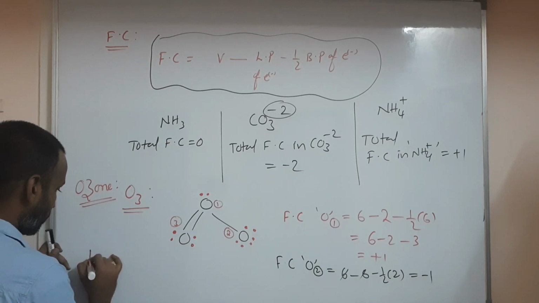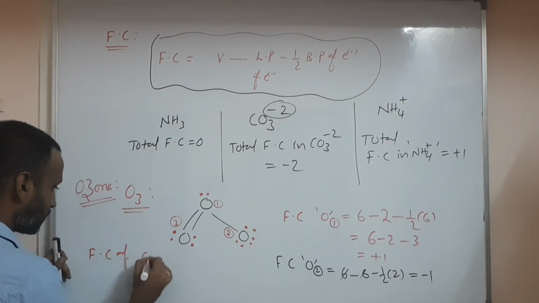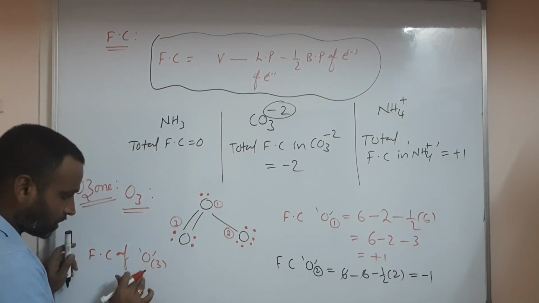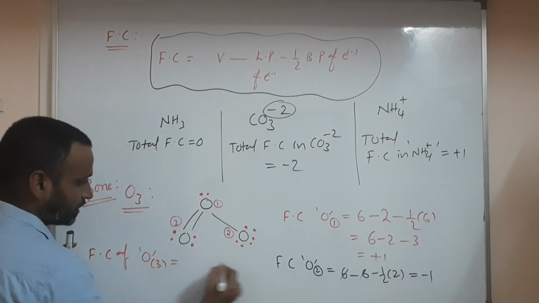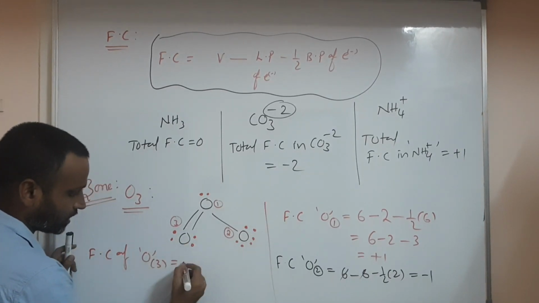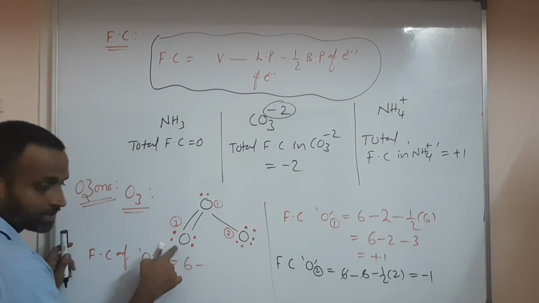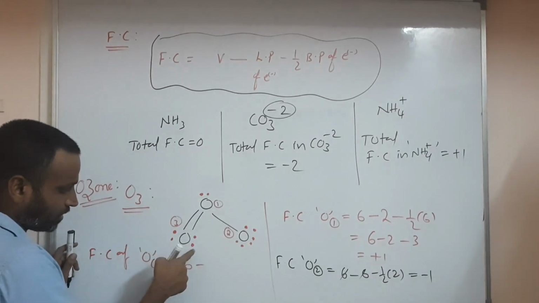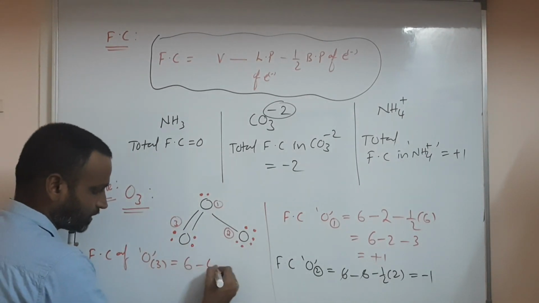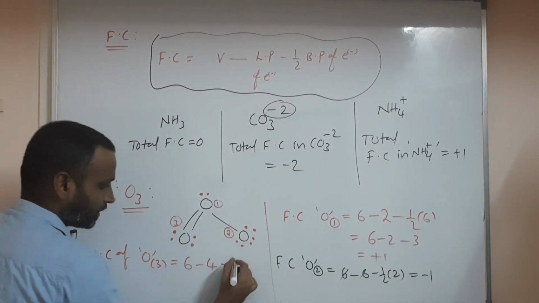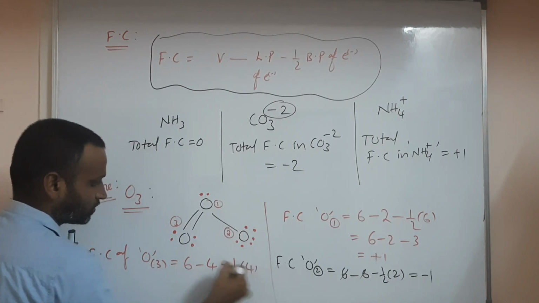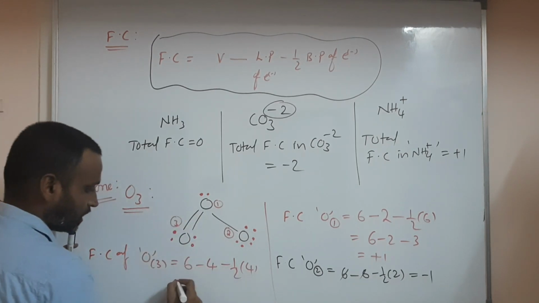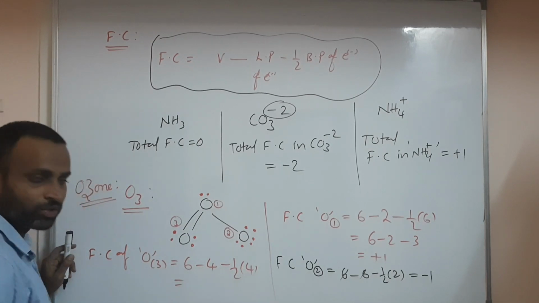Now what is the formal charge of oxygen 3? Formal charge of the third oxygen: 6 electrons minus, you have 2 lone pairs, which means 4 electrons, and 2 bond pairs for this oxygen, so 4 electrons, half into 4. So 6 minus 4 minus half into 4, that is 6 minus 4 minus 2.